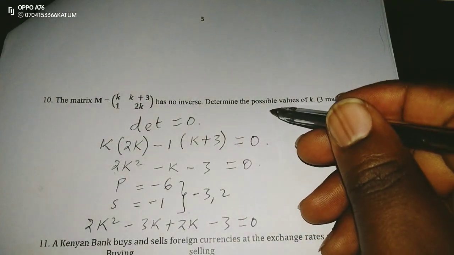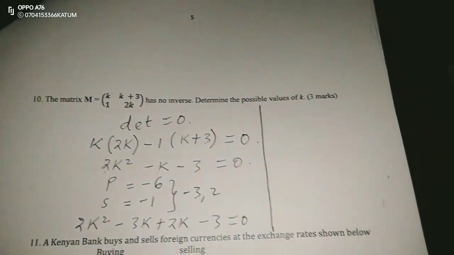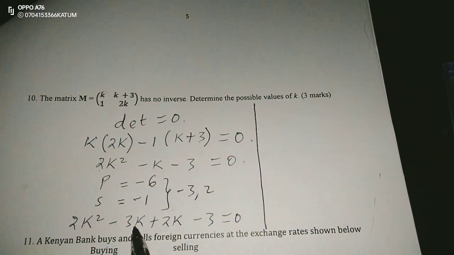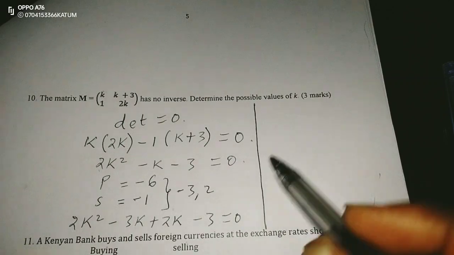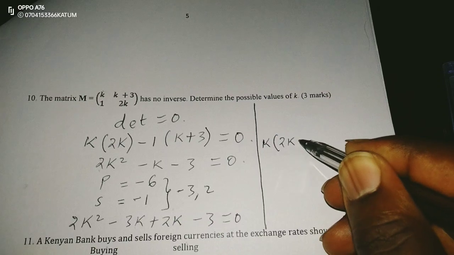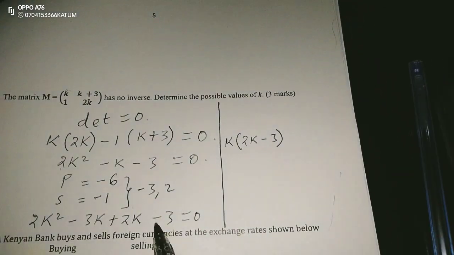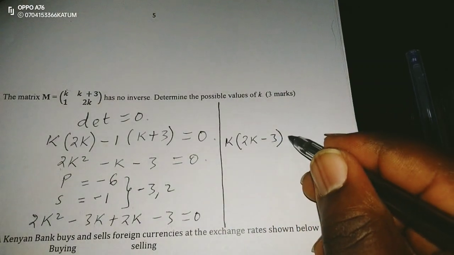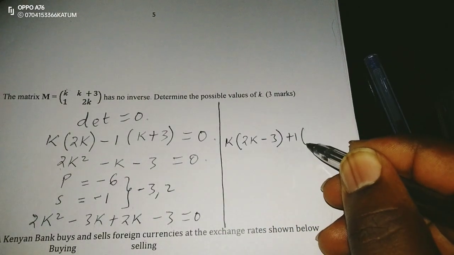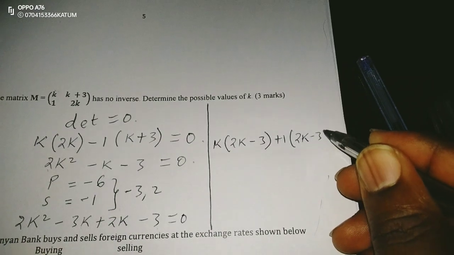And now we factorize. K is common in the first two terms. So K is common, and we remain with 2K minus 3. Then at this point, we factorize 1, to remain with 2K minus 3.